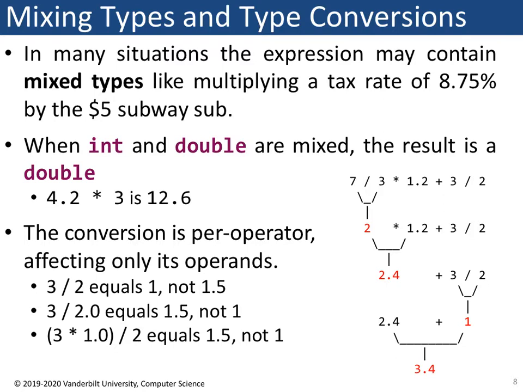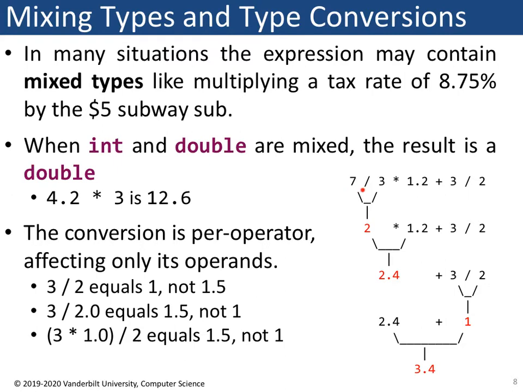So to explain what we're saying explicitly, in this statement we have 7 divided by 3 times 1.2 plus 3 divided by 2. In precedence, multiplication and division are equal. Anytime you have equal precedence, you evaluate left to right.